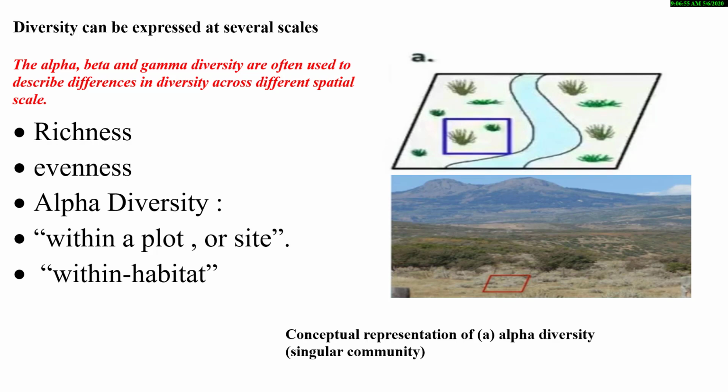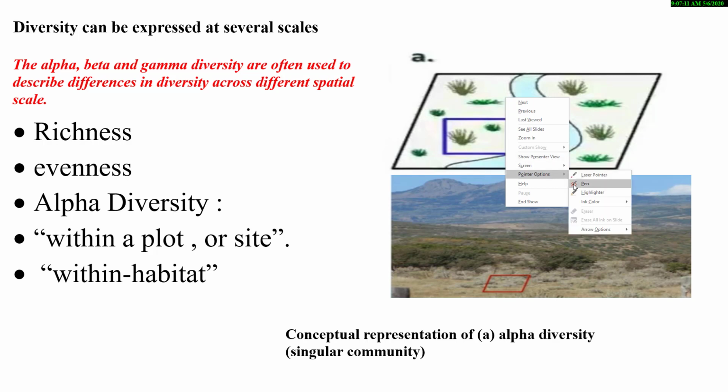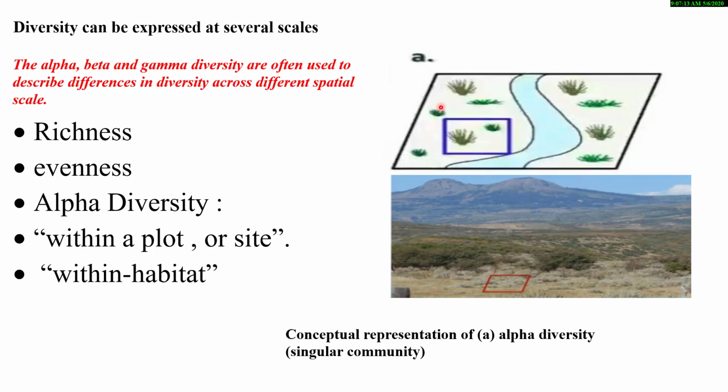Let us take a critical look at a conceptual representation of alpha diversity. When you look at this, we see that this could be a quadrat or a very small area or an entire ecosystem. Let's assume this is an entire ecosystem or landscape.